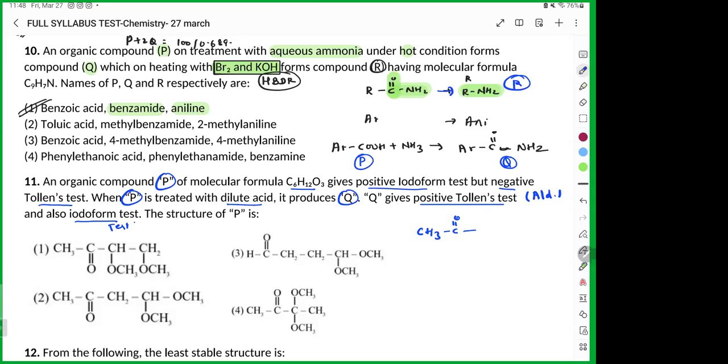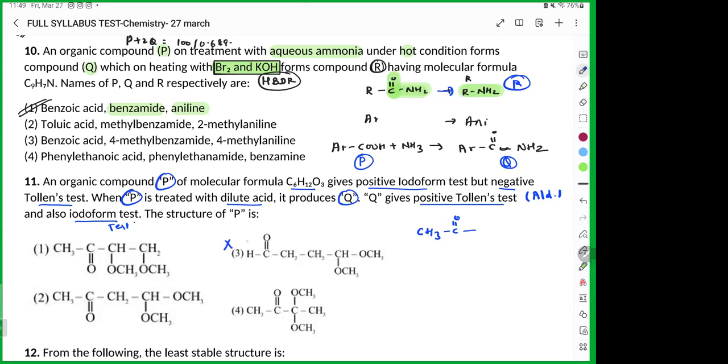If you see P, you know P compound does not have aldehyde. P compound is positive iodoform and negative Tollens. So C is not possible, right, guys?